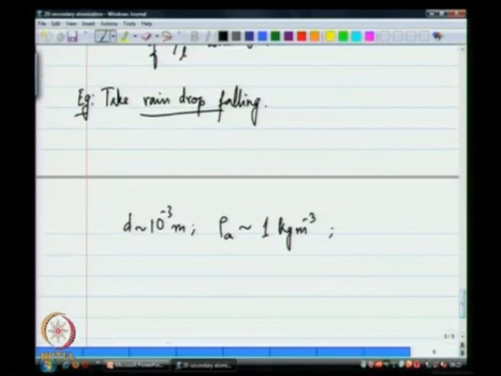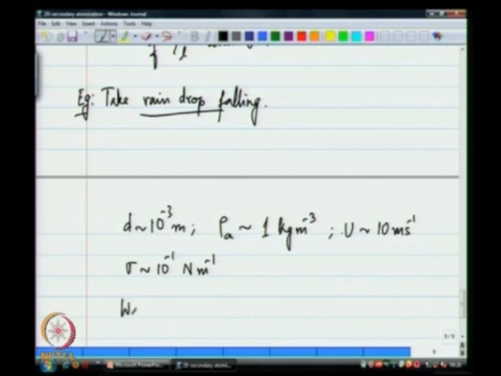So, we will assume for a moment that the drop has reached its terminal velocity condition, roughly about 10 meters per second. This is sort of an overestimation, we will see what this number looks like, and sigma for water is about 10 power minus 1 Newton per meter approximately. Okay, it is between 10 power minus 2 and 10 power minus 1.